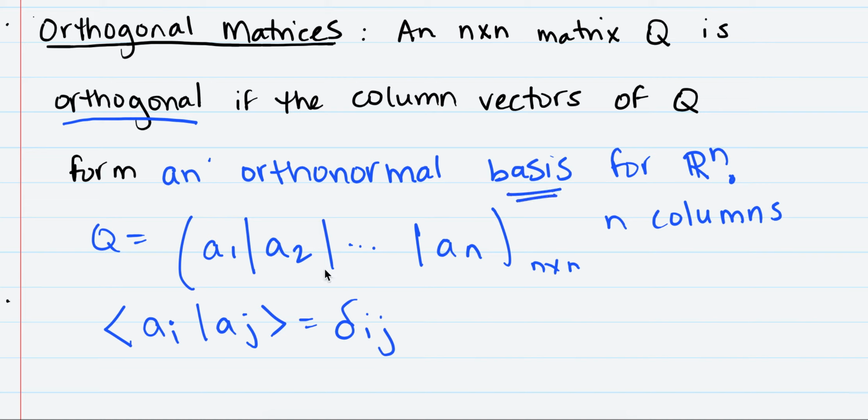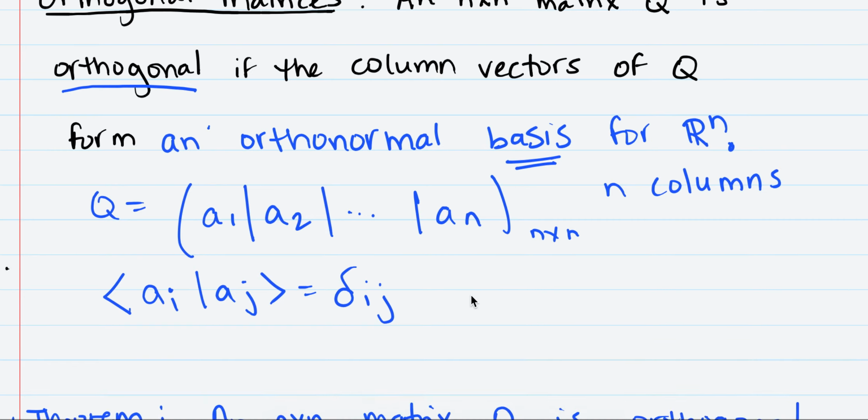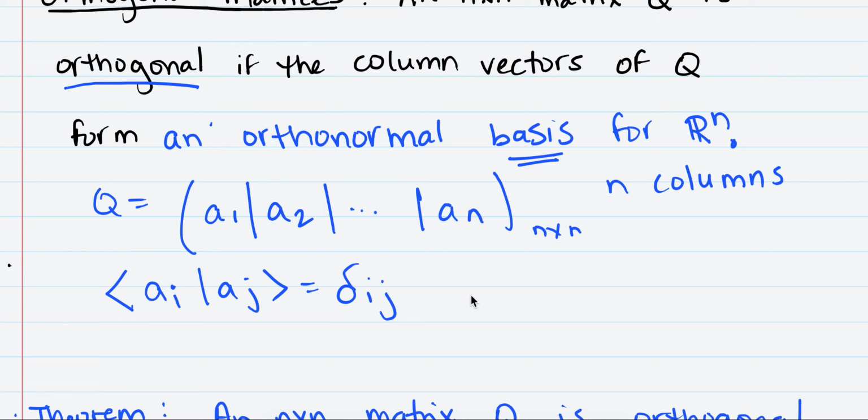That means if this is a basis for Rn, the rank of the matrix is going to be n, which tells us, since this is a square matrix, that it's invertible because it's going to have n pivots. And we can actually talk about what the inverse is. And this is actually really neat.